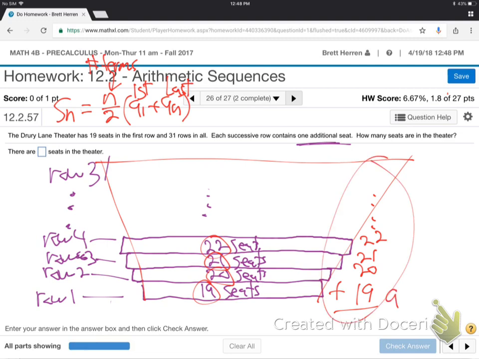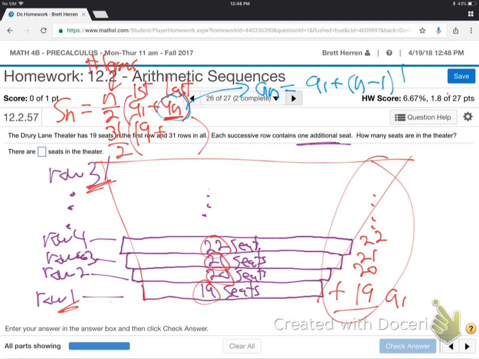So what's the first term? 19. What's the last term? I don't know. How many terms? 31. Starts at row 1, goes to 31. 31 rows, 31 terms. So all I don't know is the last term, huh? How do you think I can get A sub n? Maybe I could use the A sub n formula.